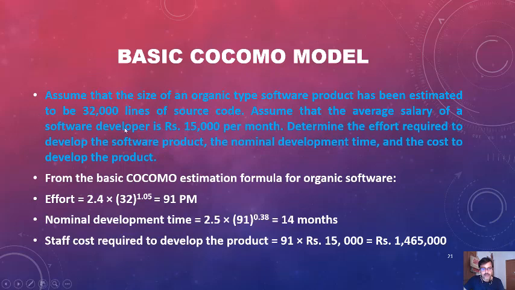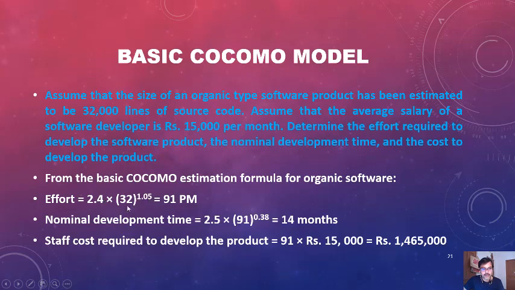So we have got that this is an organic type project. The effort of the organic type project is 2.4 times KLOC to the power 1.05. Here KLOC equals 32. The value becomes 91. The unit is PM, person month. The nominal development time, that is TDEV, is equal to 2.5 times this effort E to the power 0.38, which equals 14 months.